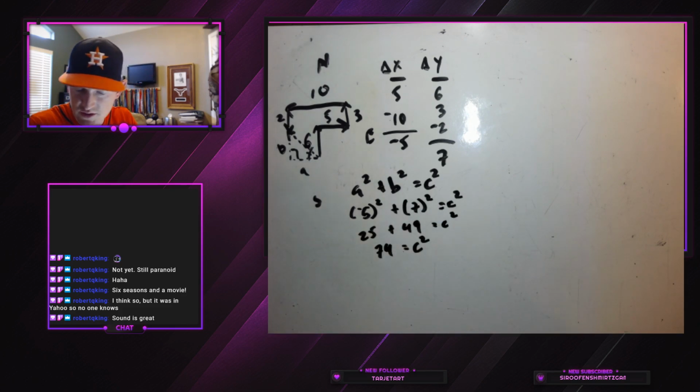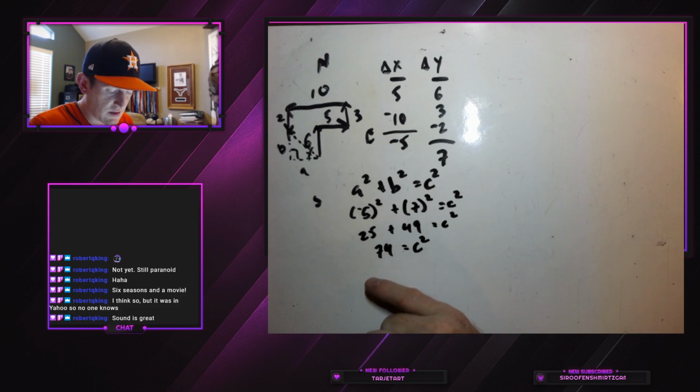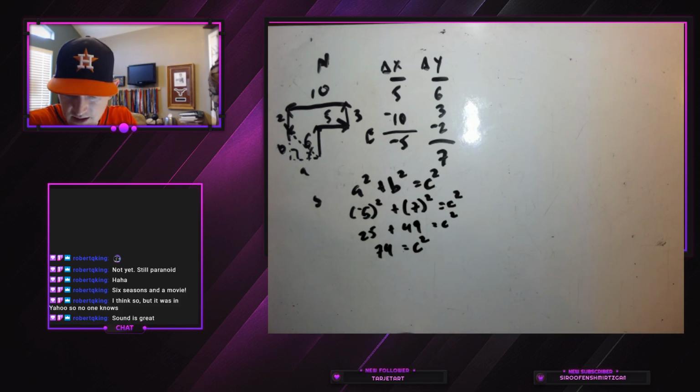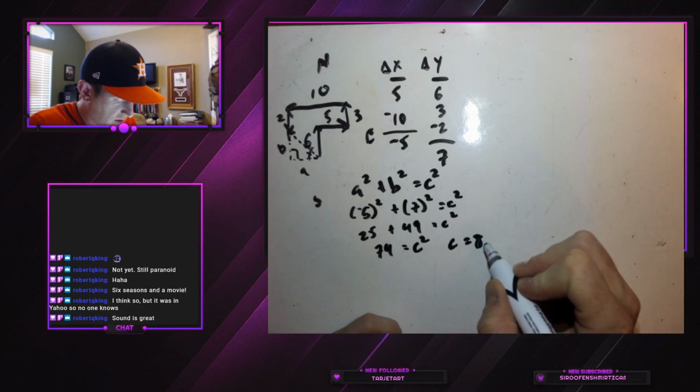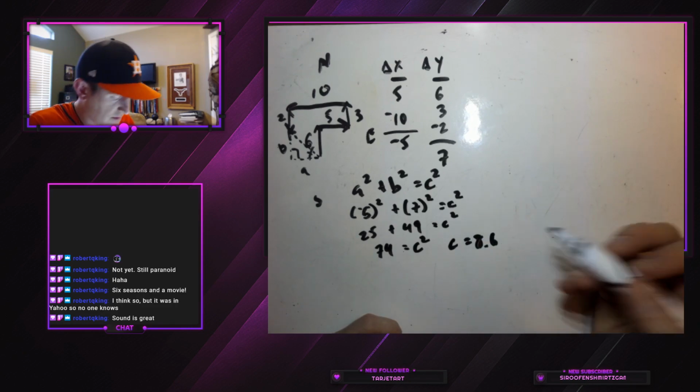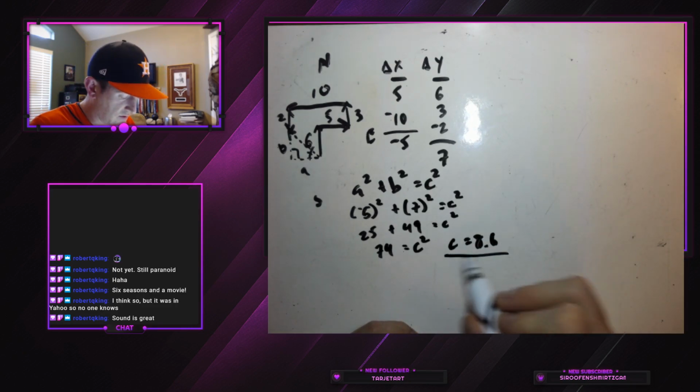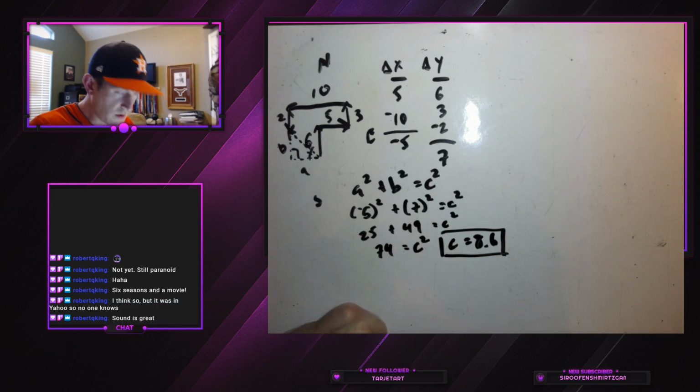Nothing's really close, but we know it's going to be somewhere in between 8 and 9. So square root of 74 equals 8.6. Our c is equal to 8.6 whatever units. I didn't give us units before. So 8.6. Okay, there we go.